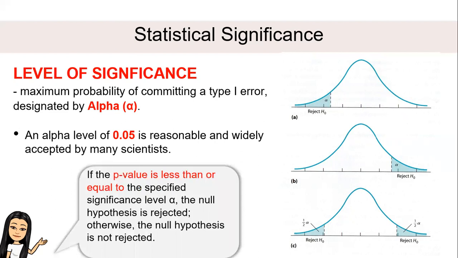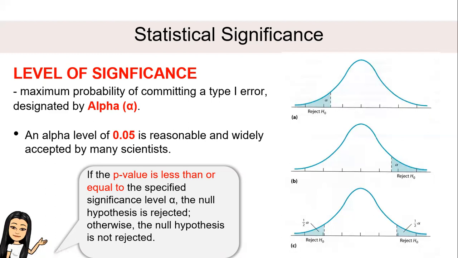If the p-value is less than or equal to the specified significance level alpha, the null hypothesis is rejected. Otherwise, the null hypothesis is not rejected.